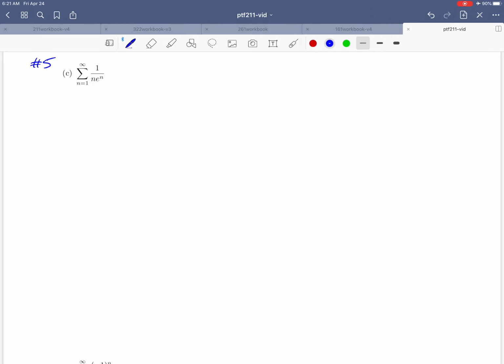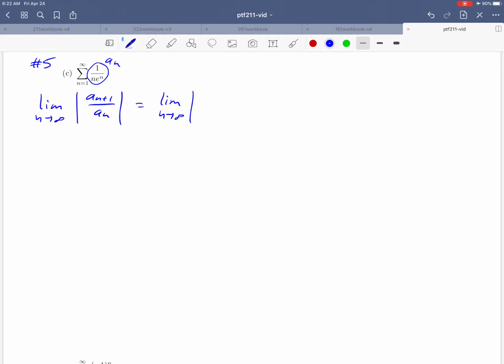The way that the ratio test works is to think of the nth term in our series as a_n, and we're going to take the limit as n goes to infinity of a_(n+1). Let's write it out first.